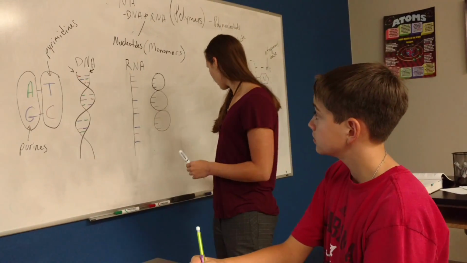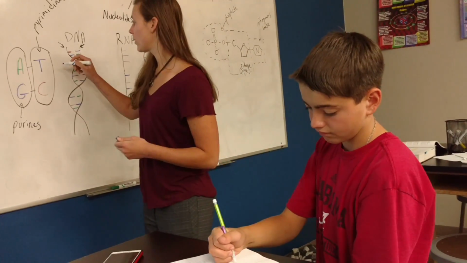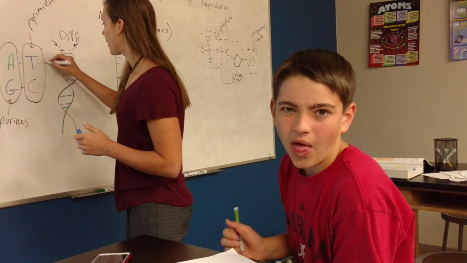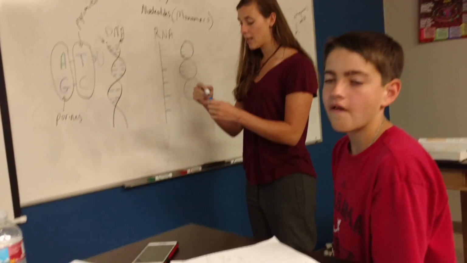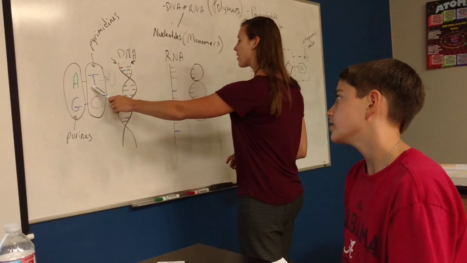Now, one thing that we want to make sure that we know is that when we go from DNA to RNA, our thymine is switched out for a uracil. So uracil is still a pyrimidine, but we're only going to find uracil in RNA, and we're only going to find thymine in DNA.